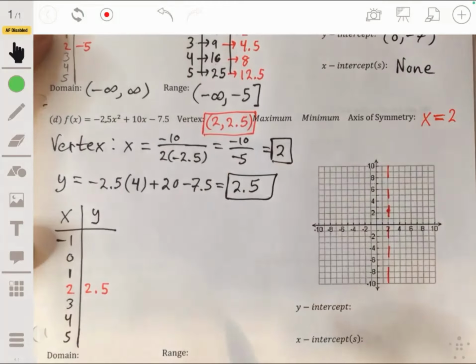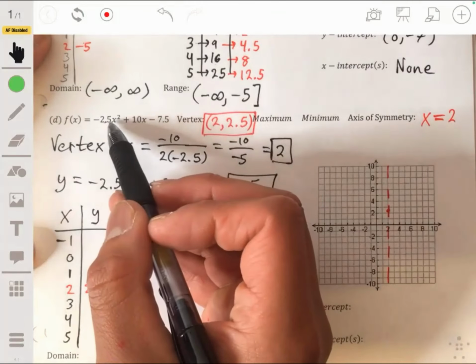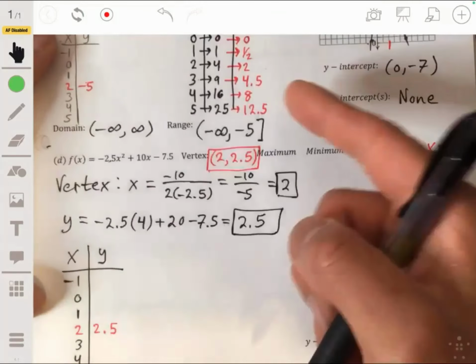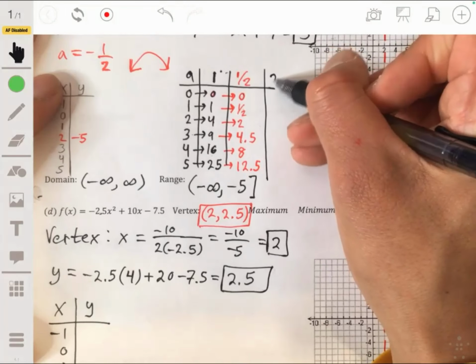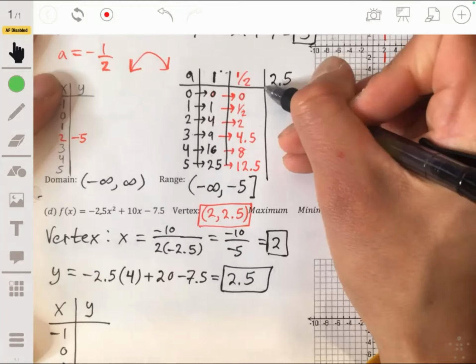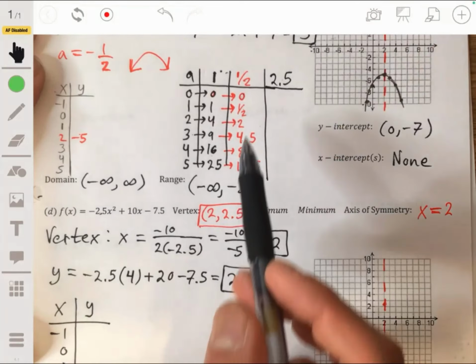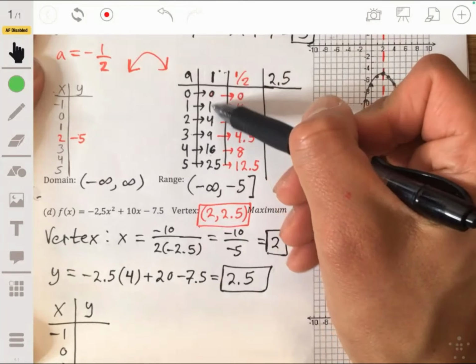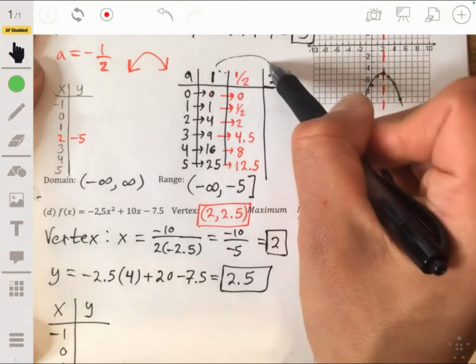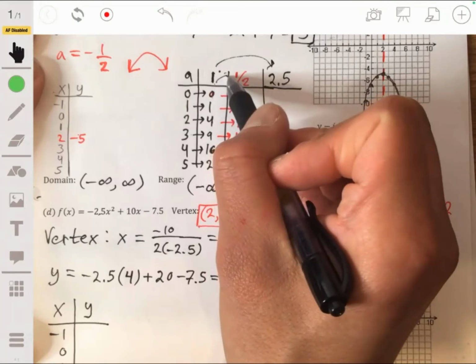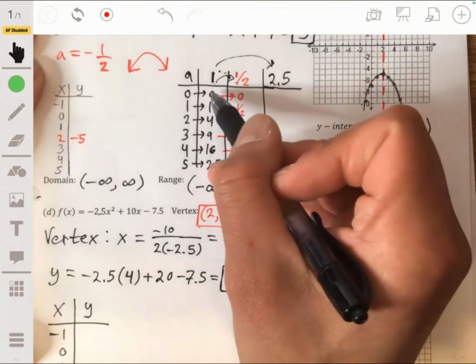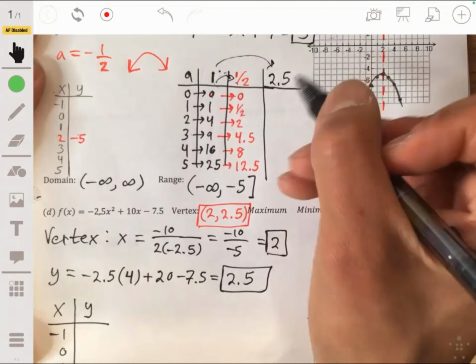Well, we can use my technique. We have the table right here. A is 2.5. You just multiply, again, these values by 2.5. Just like how we multiply these values by 1/2 to get these, we're going to multiply these values by 2.5.